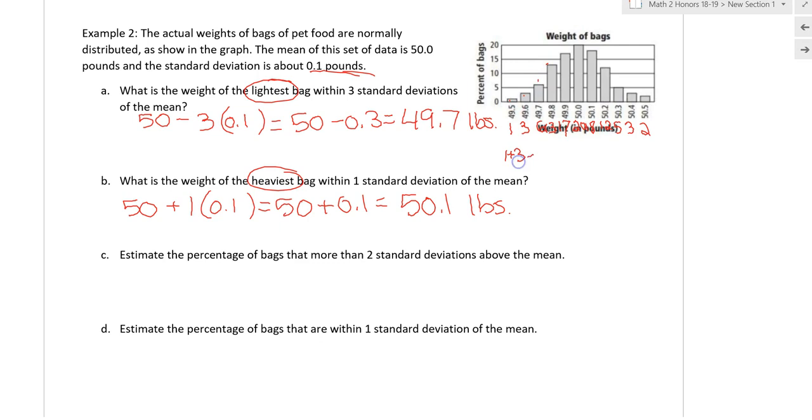So 1 plus 3 plus 6. Four, 10, 23, 40, 60, 78, 90, 100. Good. Nice number.